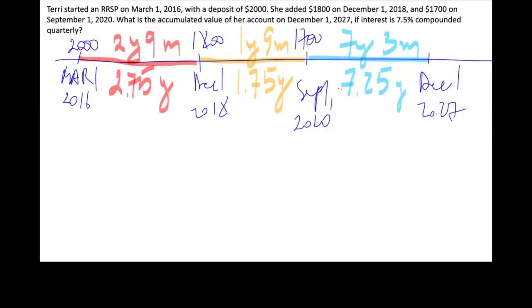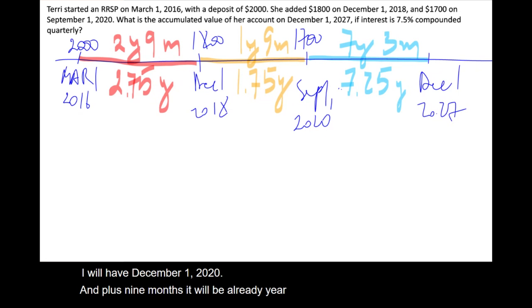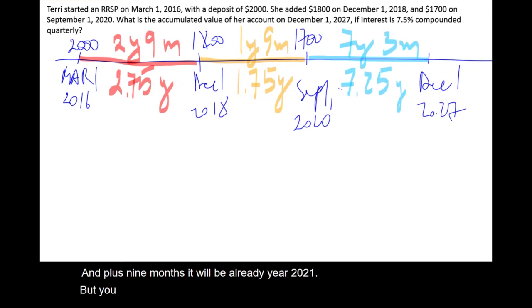Well, if I go from December 1, 2 years, I will have December 1, 2020, and plus 9 months, it will already be year 2021. But you go only till September 1, 2020.